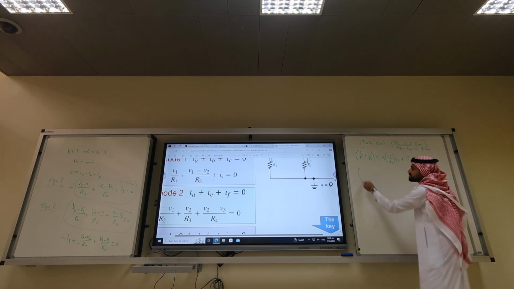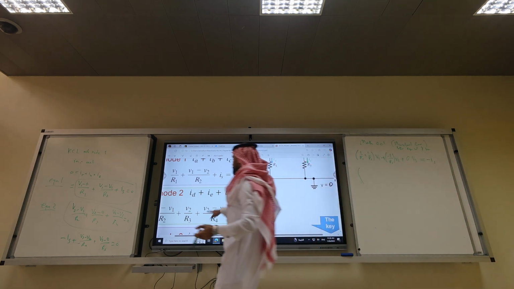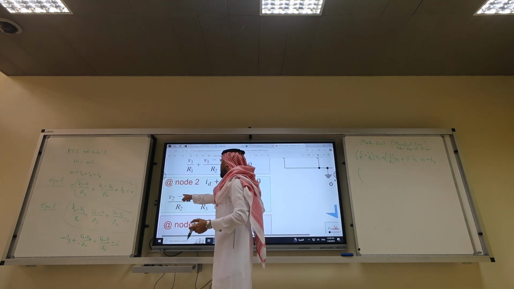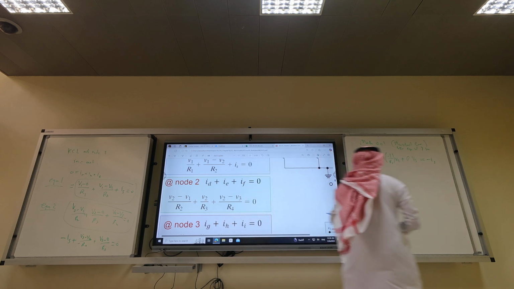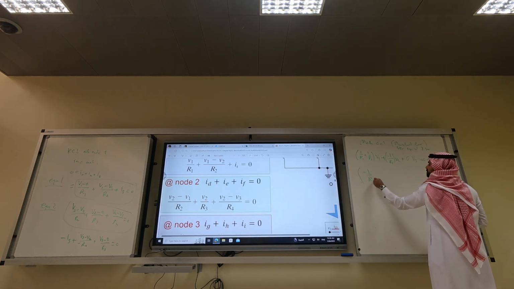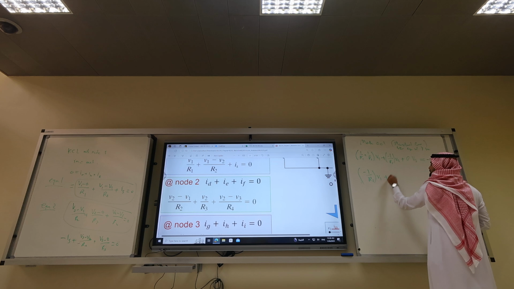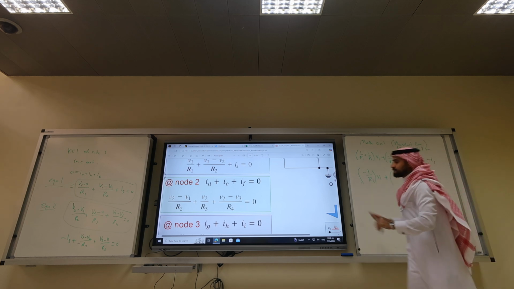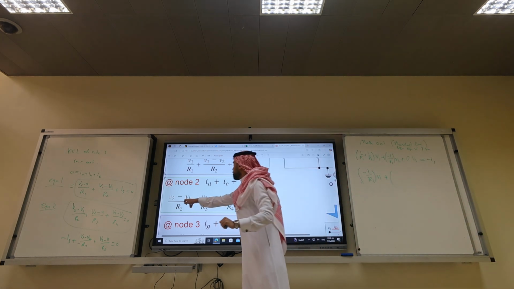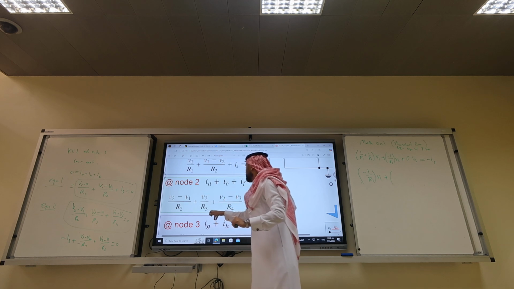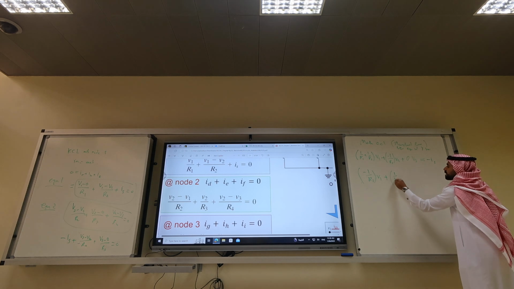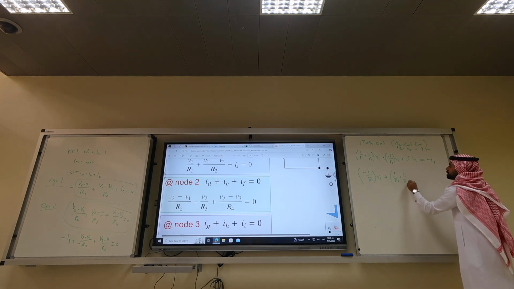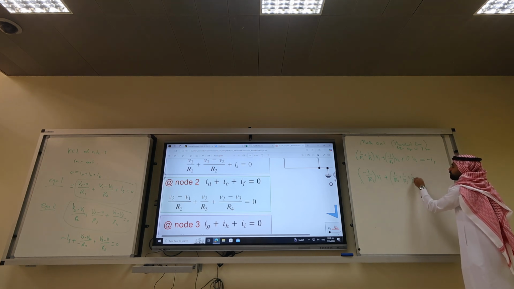What is the second equation? Minus 1 over R2 times V1 plus, put everything in brackets so you don't make mistakes, 1 over R2 plus 1 over R3 plus 1 over R4, times V2.